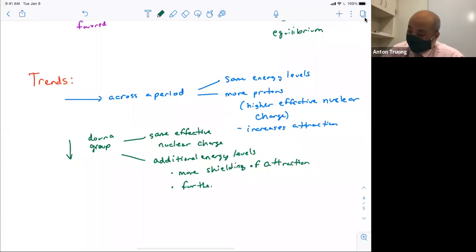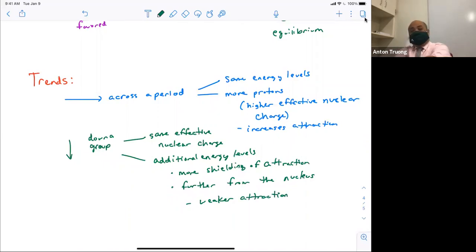And they are further from the nucleus. And so that all adds up to weaker attraction.